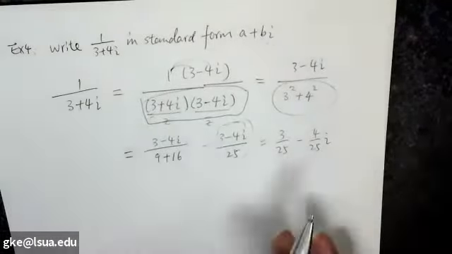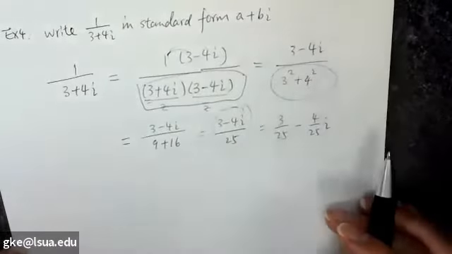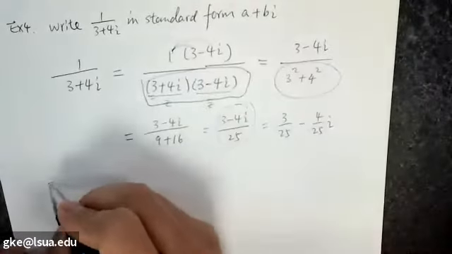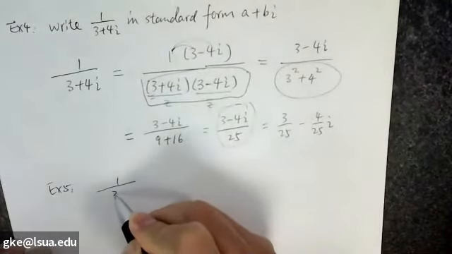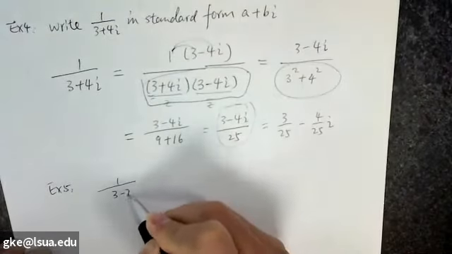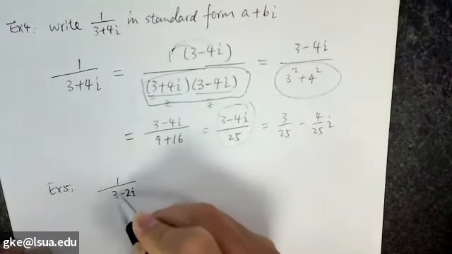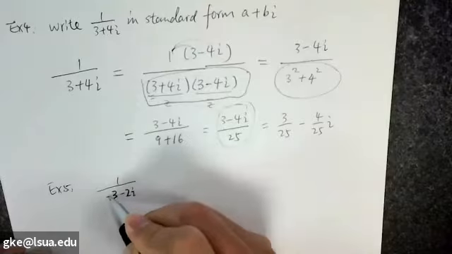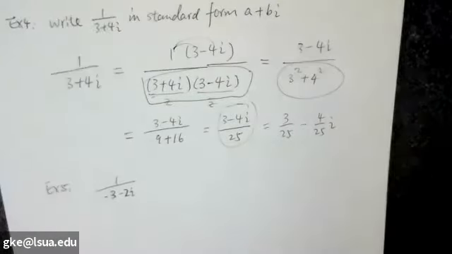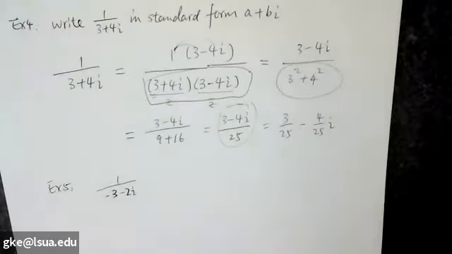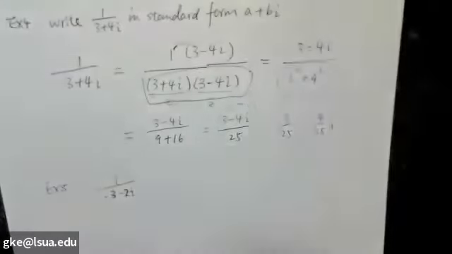Now, I'm gonna give you guys another example. 1 over negative 3 minus 2i. Let's do it again. Let's follow the steps. First step, we let the denominator times its conjugate, right?